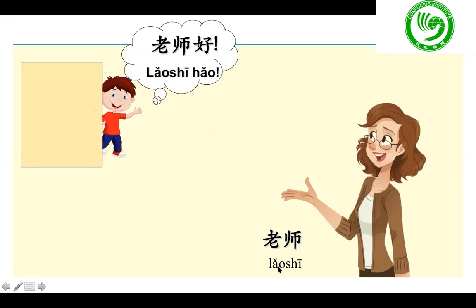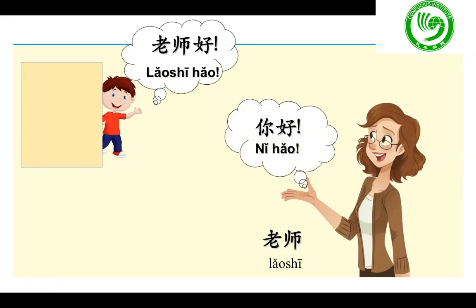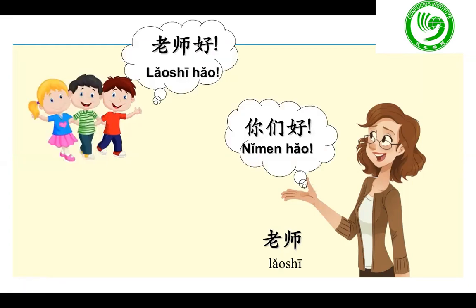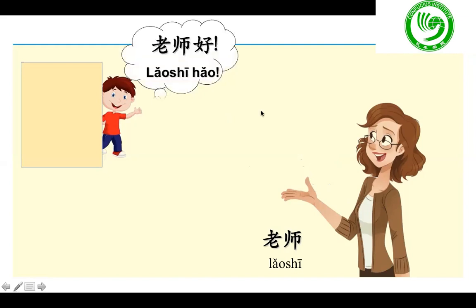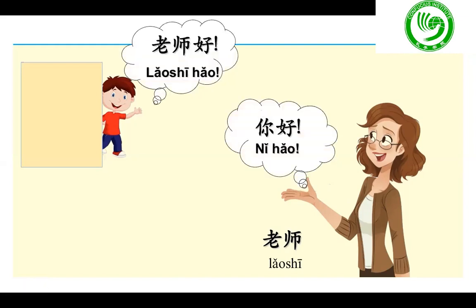But the 老师 should reply with 你好. Why is it different? Because they are more than one person. So the teacher should say 你们好. But in here, there's only one kid. So the teacher just needs to say 你好.